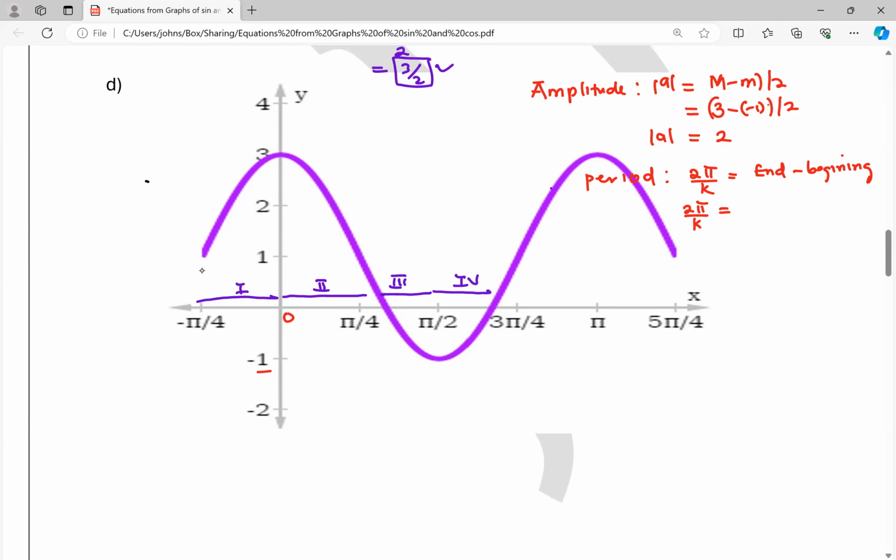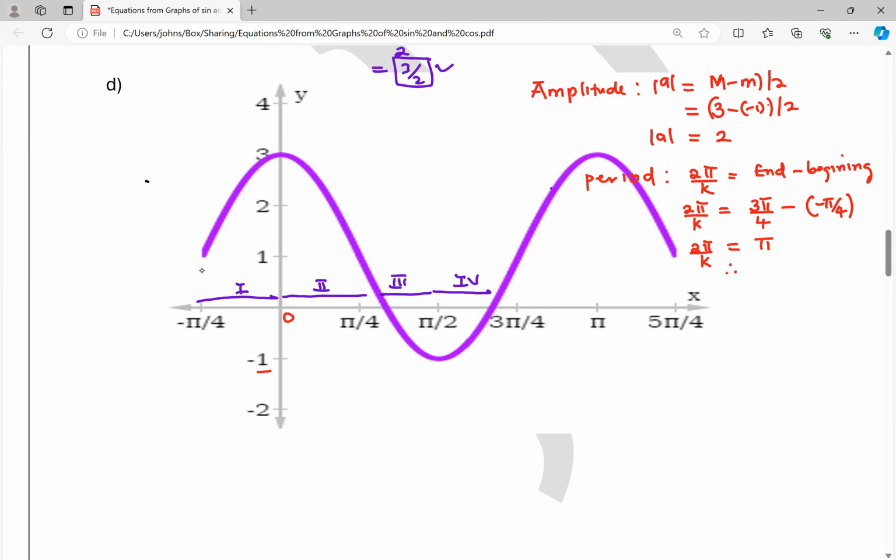The end is, now our end is based on the interval we've chosen, the 4 intervals. The end will be 3 pi over 4. And the beginning, it's minus pi over what? Over 4. So this is going to be 2 pi over k. It's equals to what? This is going to be just pi, I think. Yep.